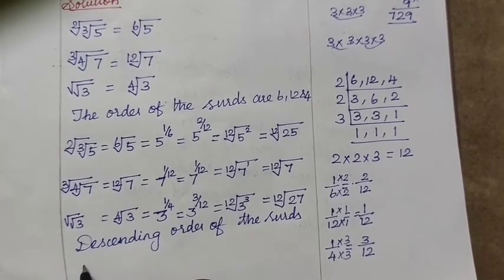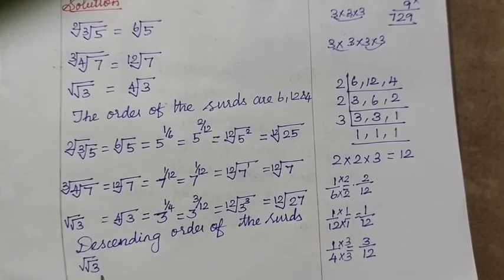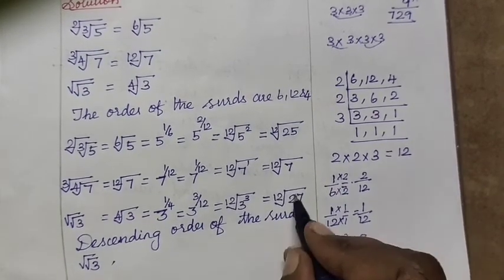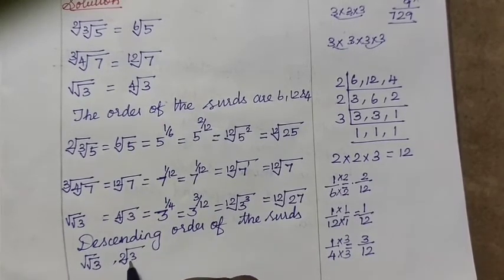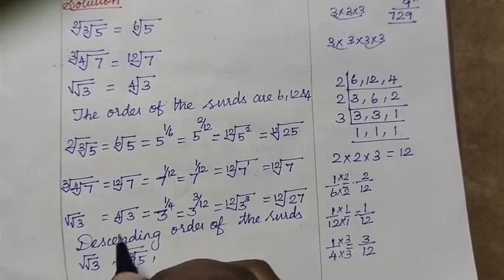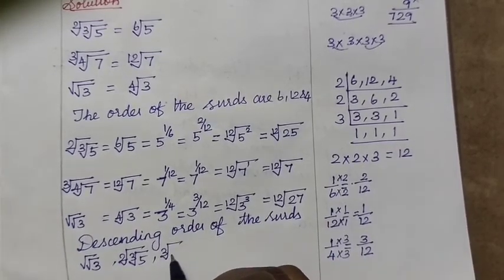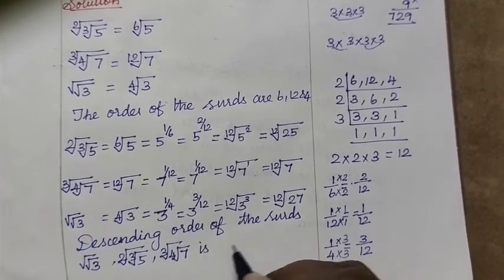First one is root of 3. Then second, this number, cube root of 5. Then this number, cube root of 4th root of 7. Yes.